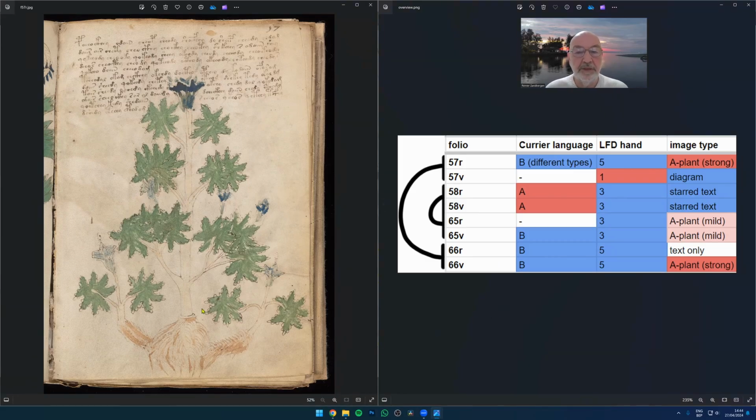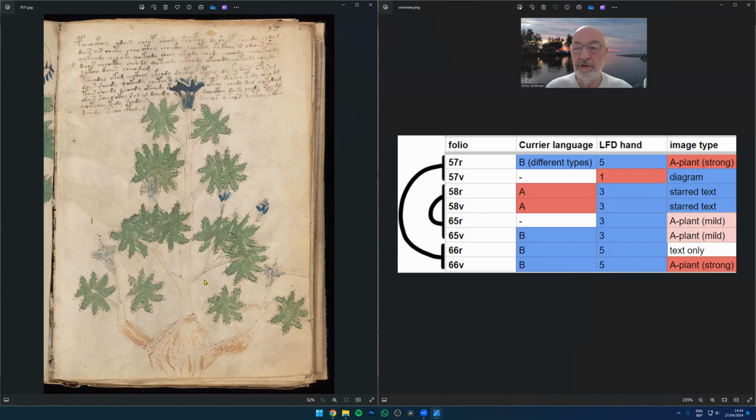Yeah. Yeah, I mean, just a general remark then on the topic of the hands. I think everybody tends to agree that the plants were drawn first, and then the text was added later. Now, if we can also agree there were 5 scribes, we can question whether all 5 scribes were able to draw.